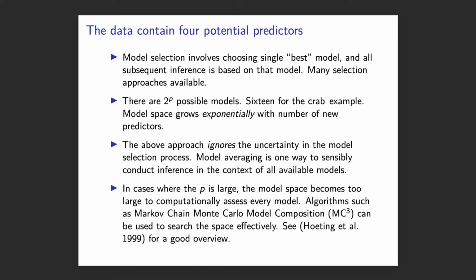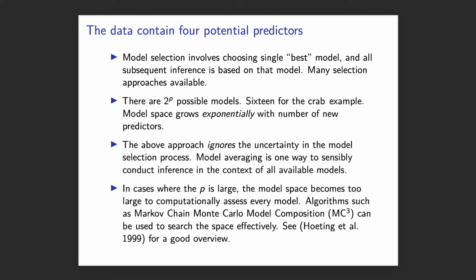But basically, however you choose your model, if you follow this recipe in the first bullet point, an issue is you started the game by saying, I'm uncertain what model is to be chosen. And then maybe you pick a model that's only slightly better than the second best model. Then you pretend that is the true model that generated the data, and you do all of your inference based on that model as if you knew in advance it was true.